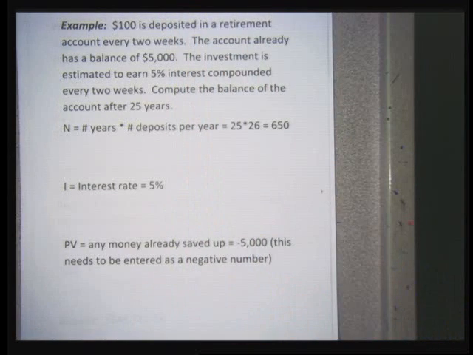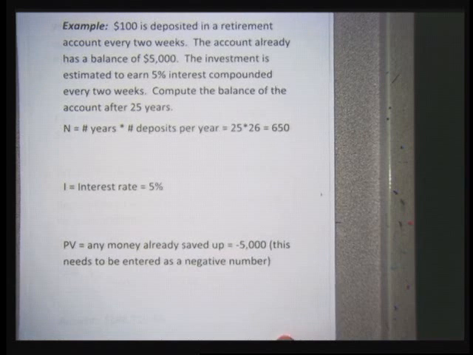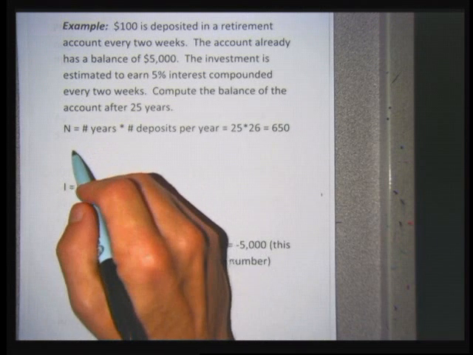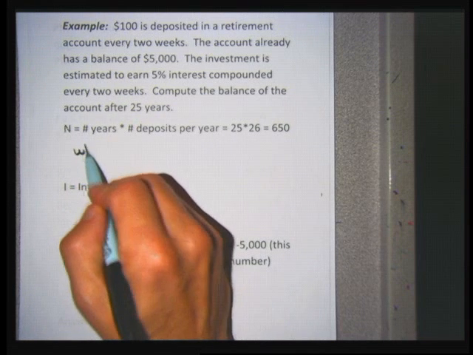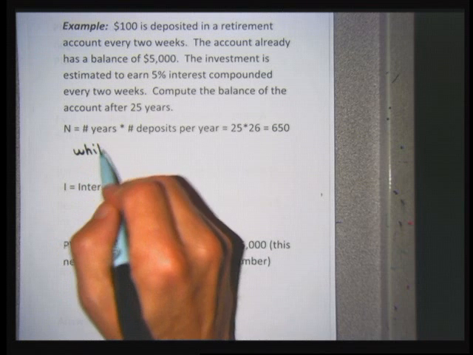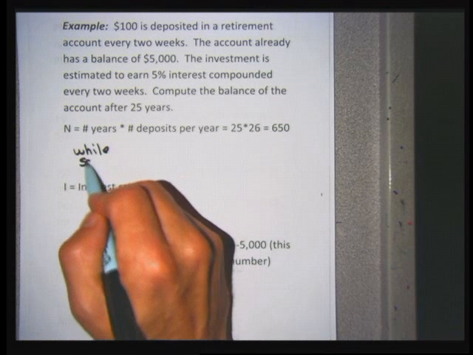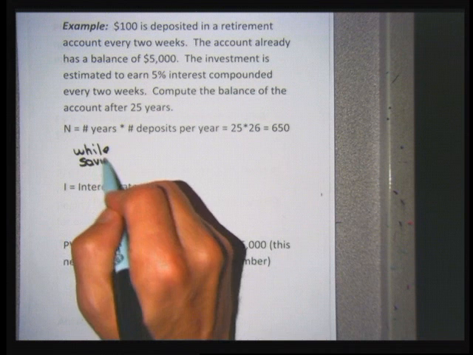So the next example is essentially the first few problems with the addition of already having some money saved up. And while you're saving, and that's what this problem is, this is still while I'm saving, the signs are important.